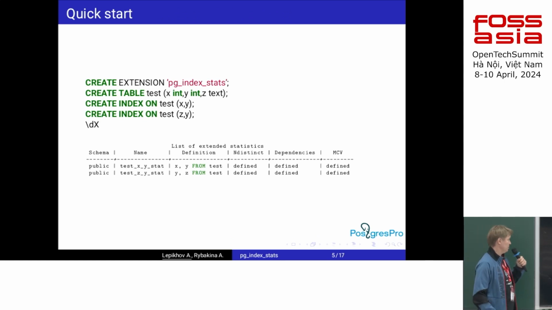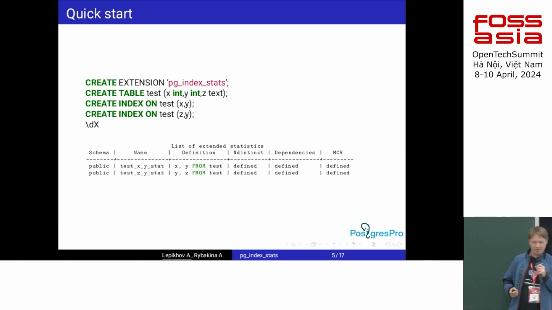Now let's look at how this extension works. Just to show how it works, you can see this example. To use this extension, you need to create it, as usual in Postgres, with CREATE EXTENSION, and after that, after adding any table and indexes on this table, you immediately get new extended statistics in this database. These statistics are defined over the definitions of indexes.